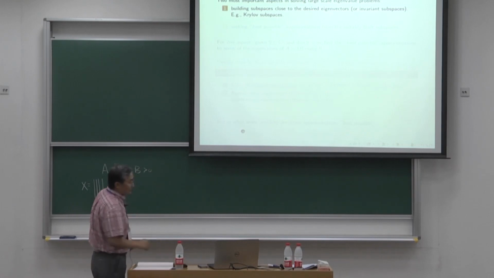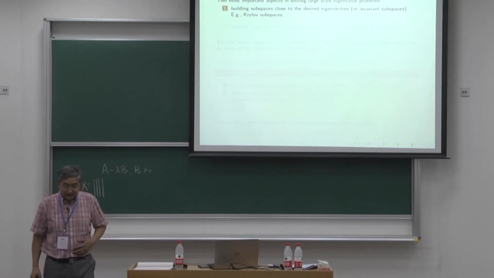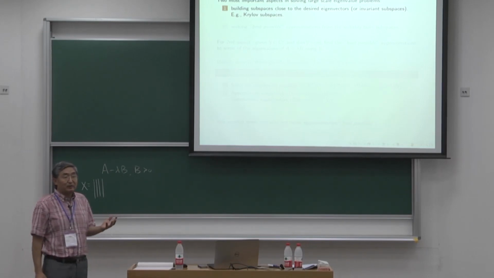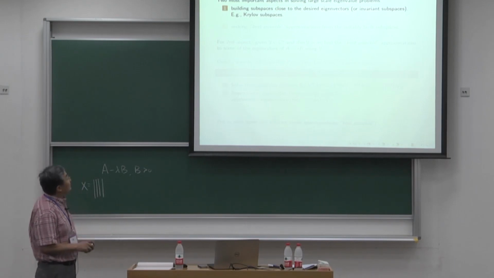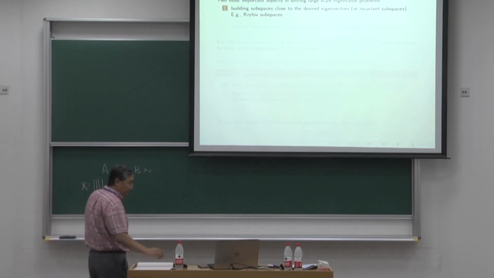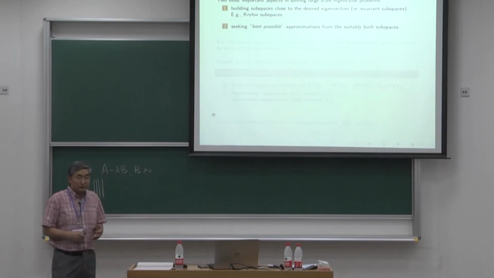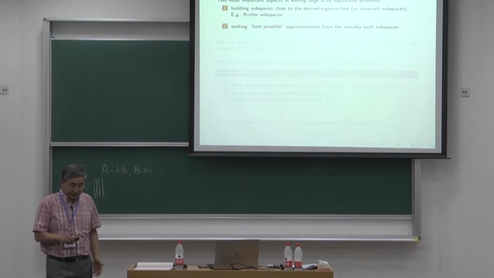All right, let's do one application to justify Rayleigh-Ritz approximation. Why are we doing that? If we recall, when we try to compute a large-scale eigenvalue problem, what is the most fundamental thing you need to do?